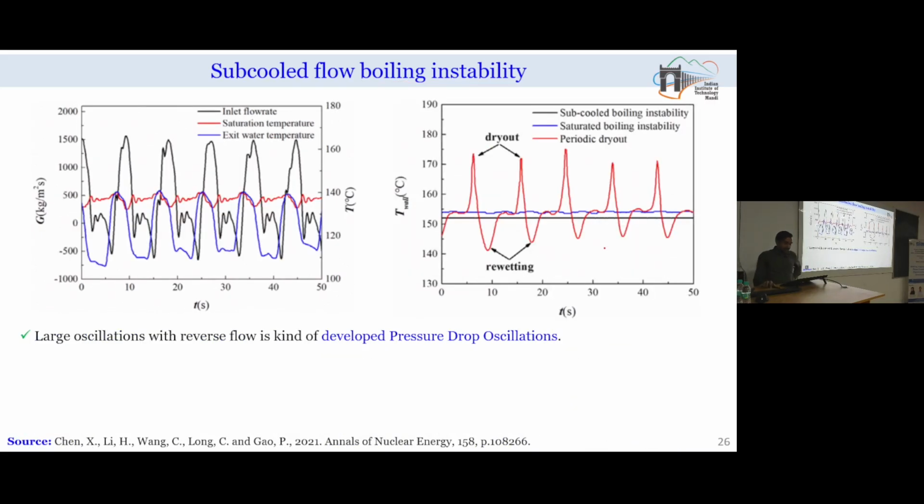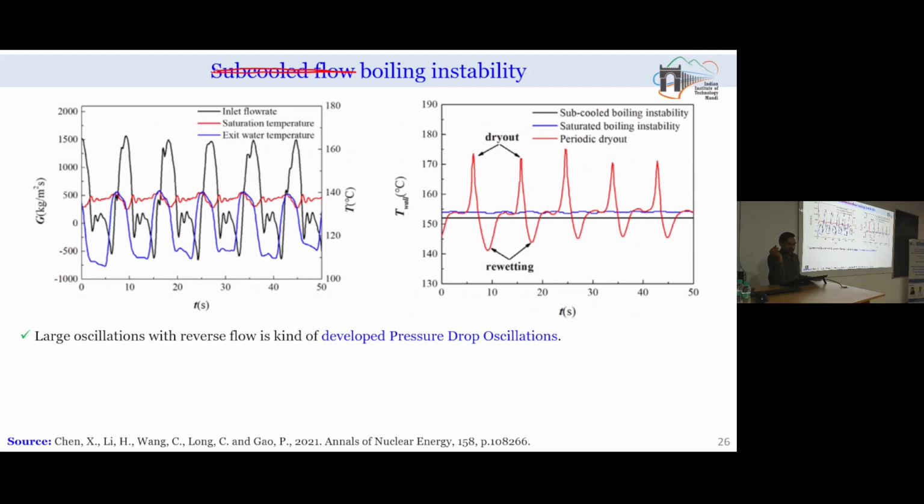Third type of instability. So this is, I think, wrongly written over here. It should not be subcooled flow boiling. This is the situation when we are operating in the saturated regime, but a sufficient amount of vapor is forming, and this vapor is actually leading to the periodic dry out at the wall temperature of the heater surface.